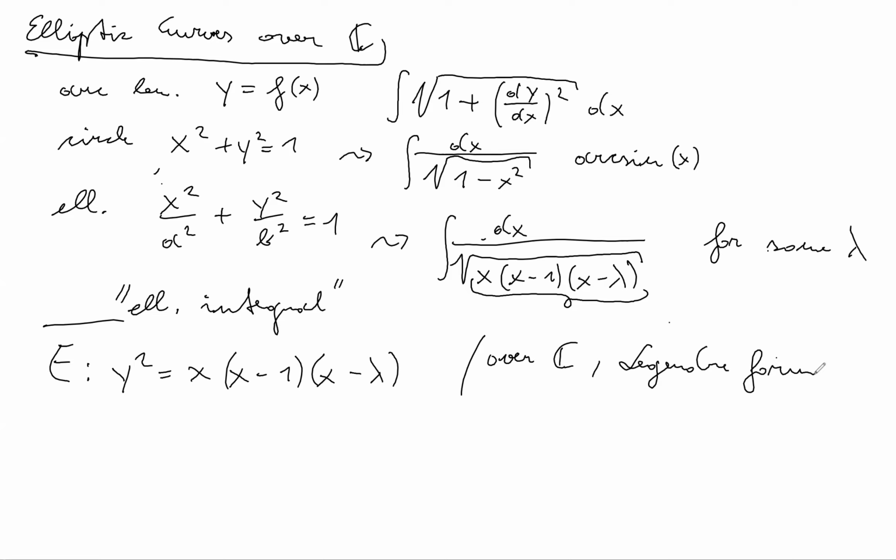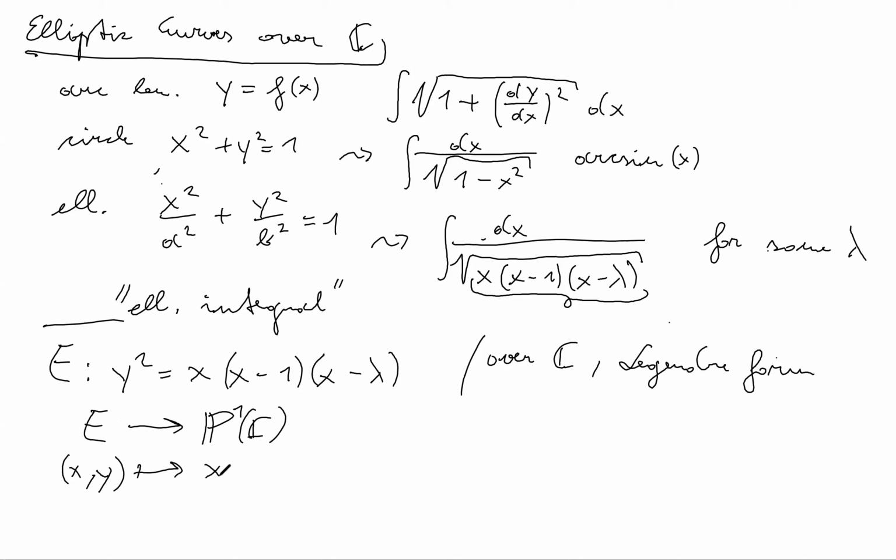Let's think about this equation a bit. I can look at the map from E to the projective line over C, where I just take my first coordinate.